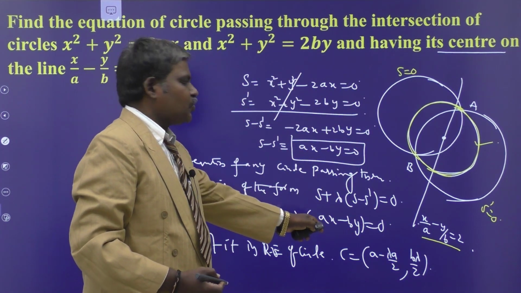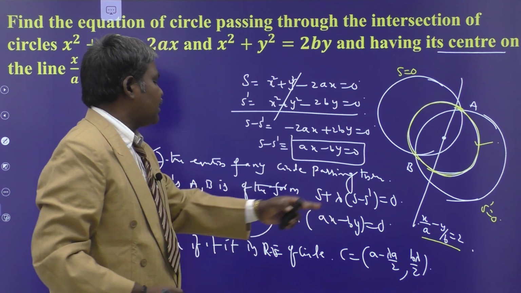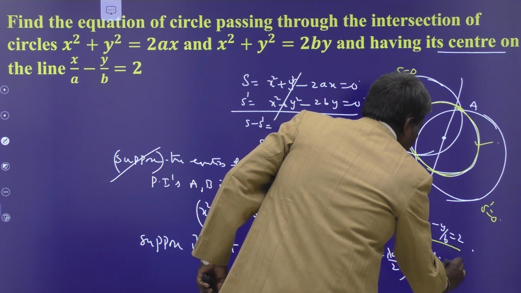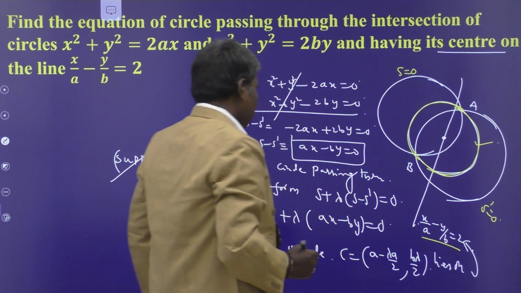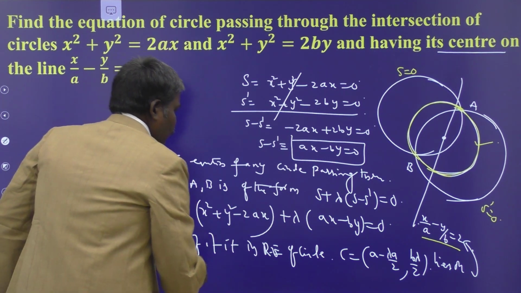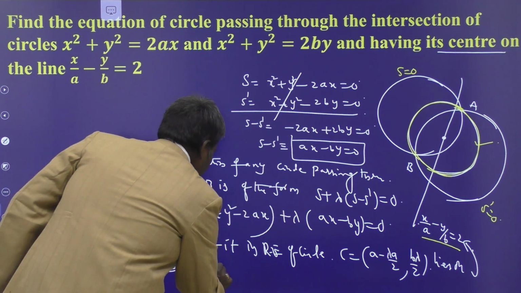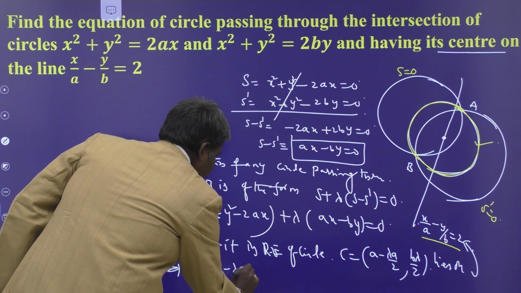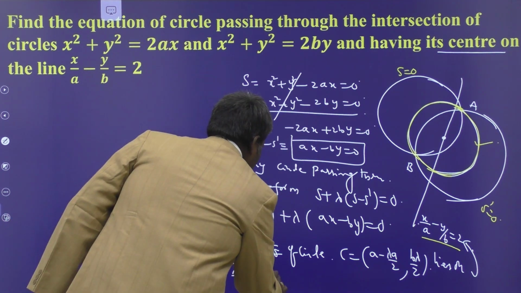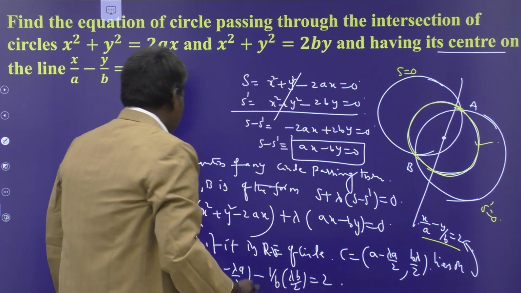So half of the x coefficient by changing its sign, half of the y coefficient by changing its sign, we get the center of the circle. It lies on x by a minus y by b equal to 2. It lies on this line. Now substitute that one. 1 by a times (a minus lambda a by 2) minus 1 by b times (lambda b by 2) is equal to 2.